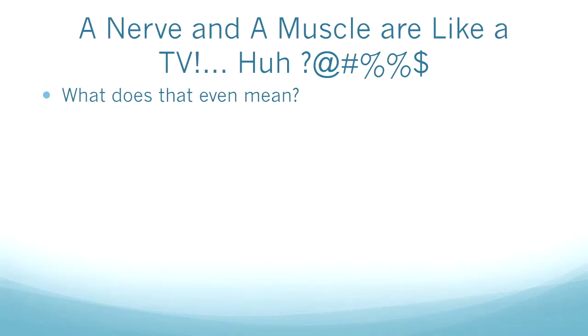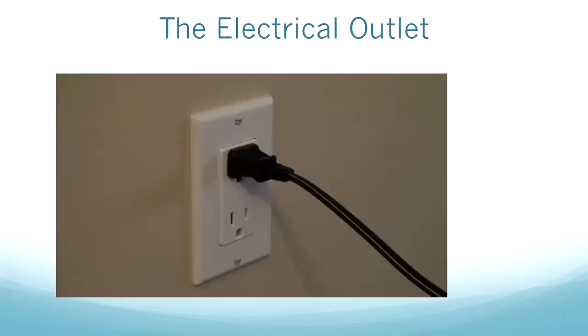So to give you a common analogy to help give you a better understanding, we're going to use a TV as an analogy. We're going to think of the electrical outlet as the spinal cord. That electrical outlet has all the power coming in, or the spinal cord has all that power and electrical signal coming into it.